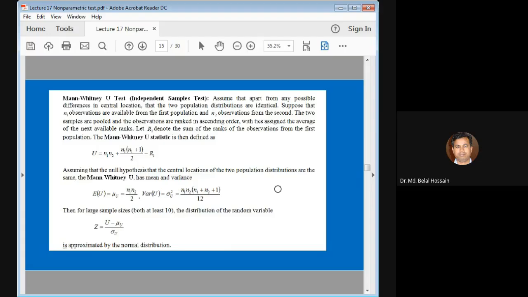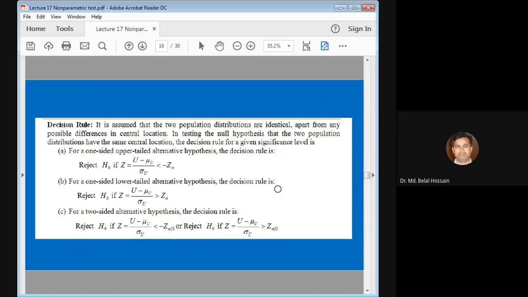Or if you want to test whether the central location of the first population is greater than second, or otherwise, whatever. But your hypothesis should be set in words, not by any notation, because there is no notation here.